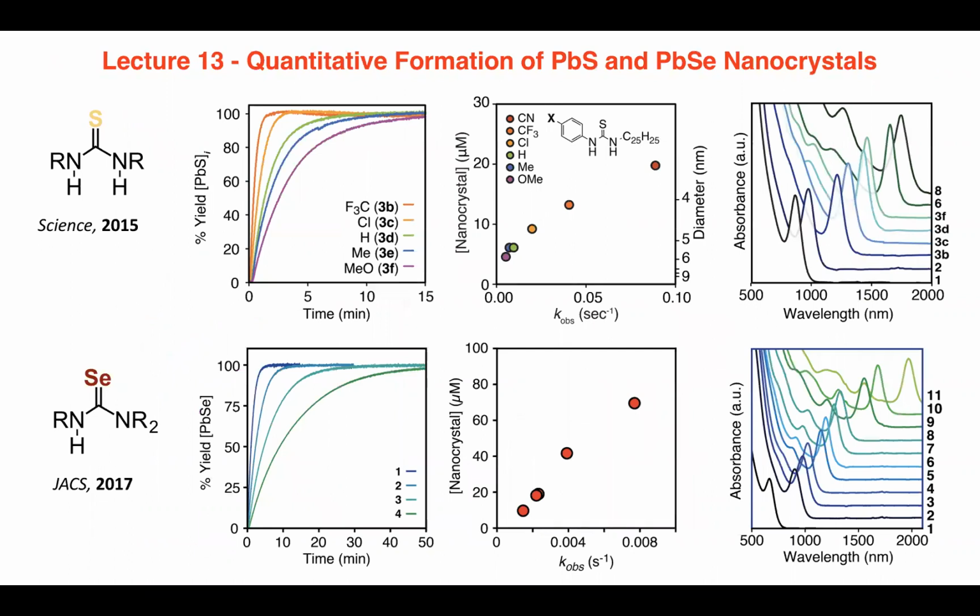So this approach to doing synthesis turns out to be really valuable because you can run reactions under otherwise identical conditions, temperature and concentrations and whatever, and just pick a different compound, run the reaction to completion, and pull out a different size of the reaction.